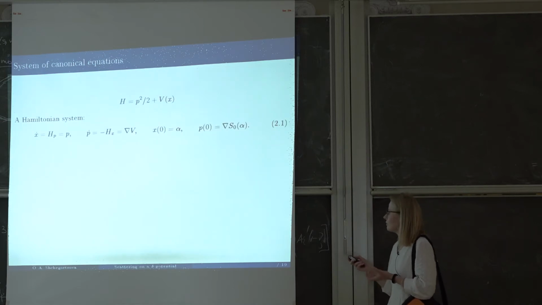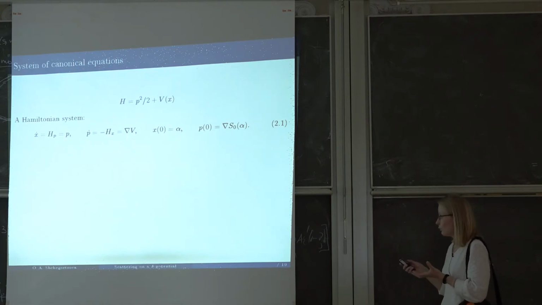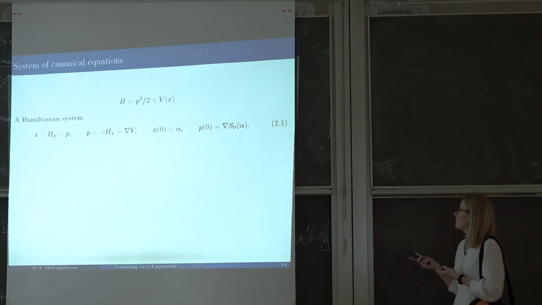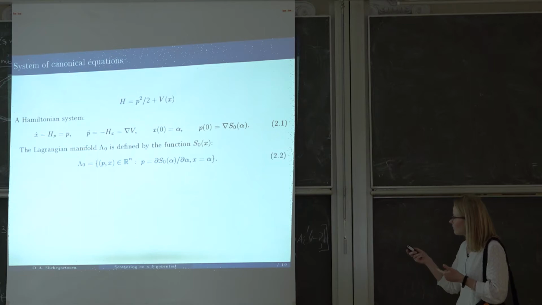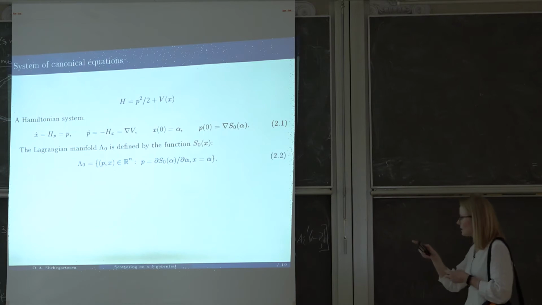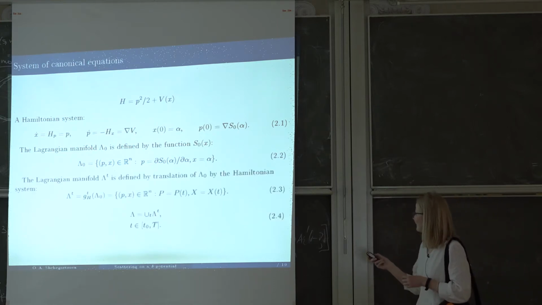The theory of the Hamilton-Jacobi equation is connected with special geometric objects called Lagrangian manifolds. We consider the Hamiltonian, which generates a Hamilton system, and the initial phase S0 generates the initial Lagrangian manifold lambda 0, as you can see in 2.2.